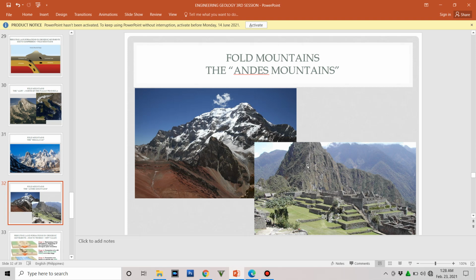So imagine that long, nako-cover niya pa yung 7 countries and can be found between 10 degrees north and 57 degrees south latitude. Okay? Ito, pangalawa siya sa pinakamataas because the only mountains that are taller than the Andes are the Himalaya mountains.